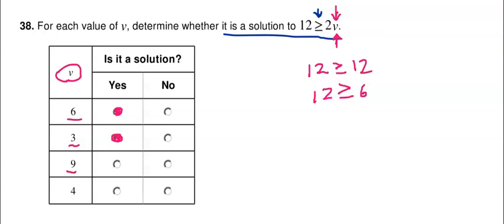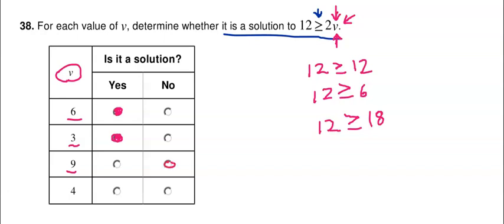Next, we're going to think about 9, putting the 9 in for v. 2 times 9 is, sorry, 2 times 9 is 18. So we have 12 is greater than or equal to 18. Okay, so is 12 bigger than 18? It's not bigger than. Is 12 equal to 18?